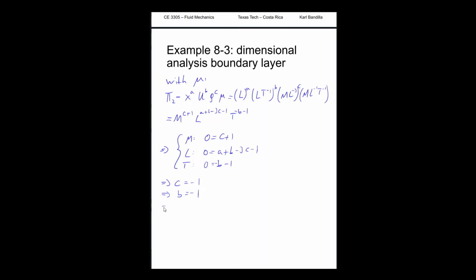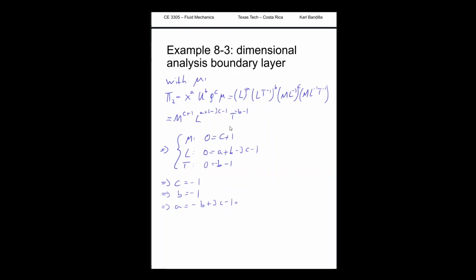And then to get A, we can say that would be minus B plus 3C minus 1. And B was minus 1, so it's plus 1. 1 minus 3 is minus 2. Minus another one is, I'm getting some other values.